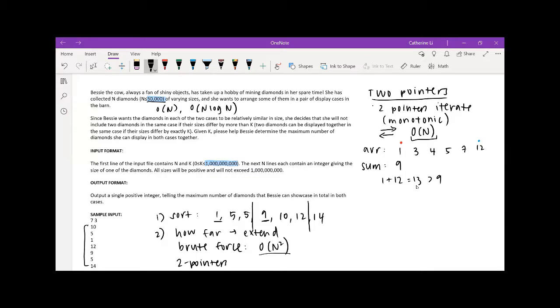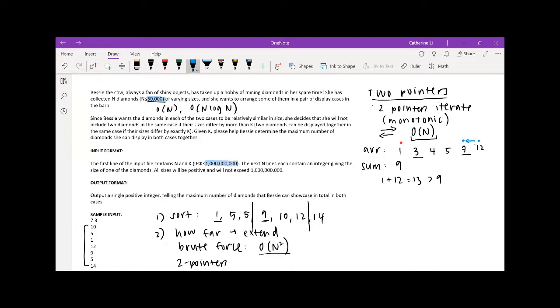If we move the red one to the right, this is going to be 3 instead of 1, which increases the sum. If we move the blue one to the left, it goes from 12 to 7, which decreases the sum. Since 13 is too big, we move the blue one to the left.